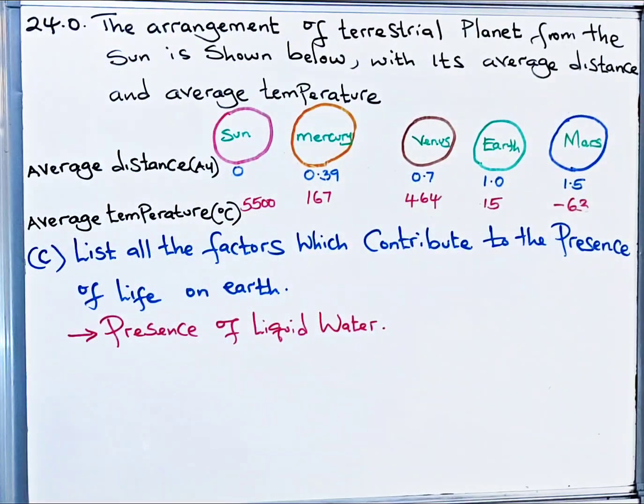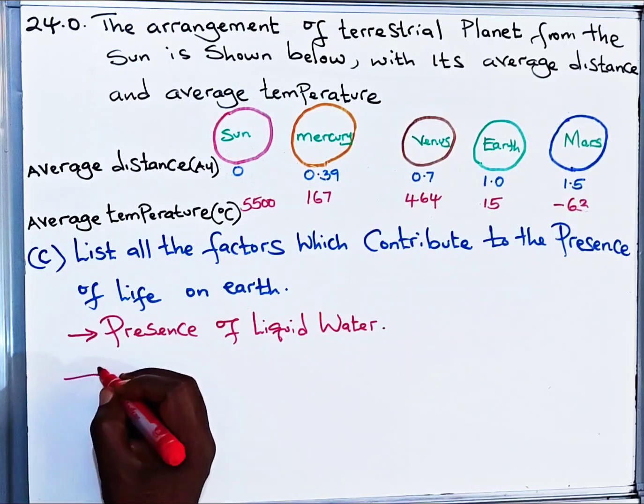This is a key factor for survival of life. You have to know that everything which is going to be moving inside living organisms must be dissolved in liquid water. So its presence is a key factor.